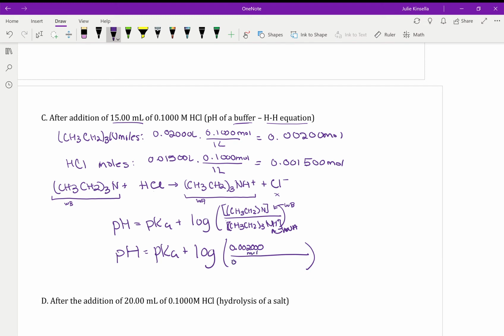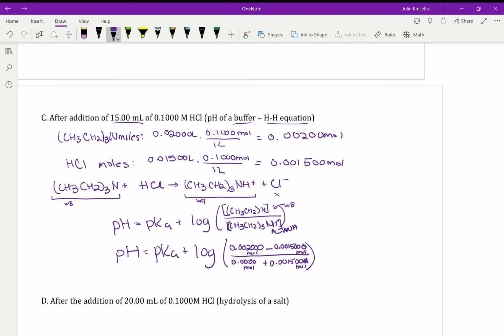Then technically I had 0 mole of the conjugate before the reaction. When I added the HCl, the base was consumed, and it reacted with 0.001500 mole. That amount of moles was then produced in terms of its conjugate acid.